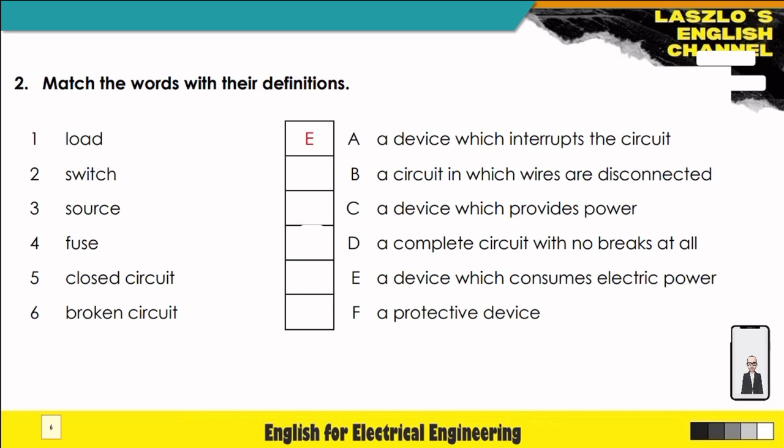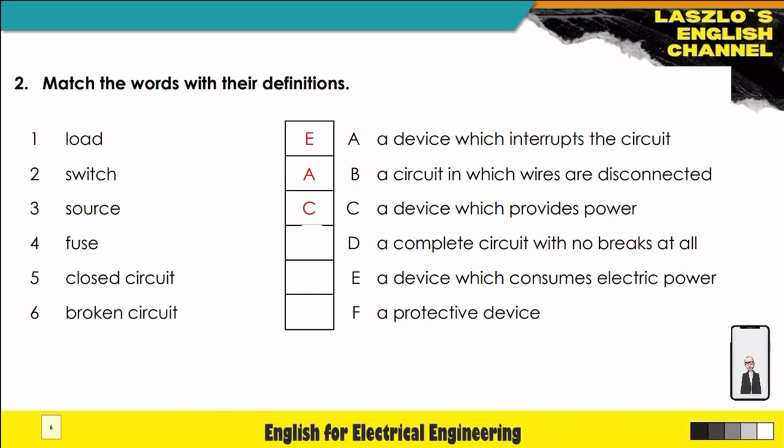So load will be a device which consumes electric power. So number 1 is E. Which one would be switch? The switch will be a device which interrupts the circuit. A. Source will be the device that provides power.